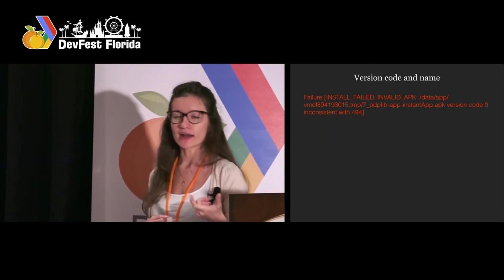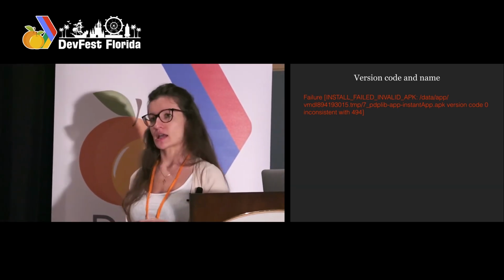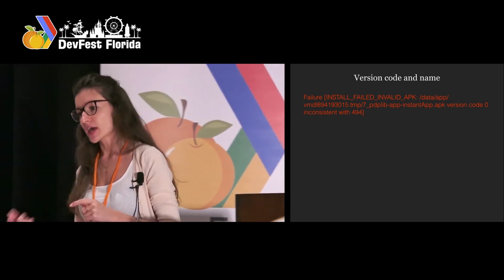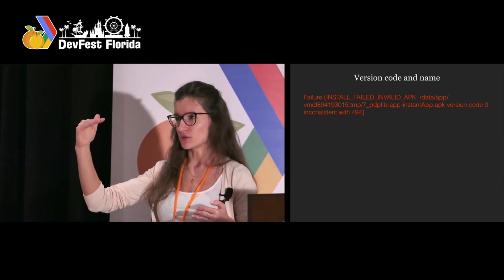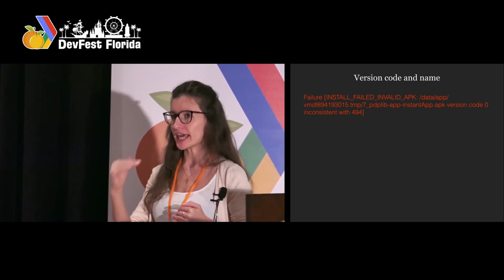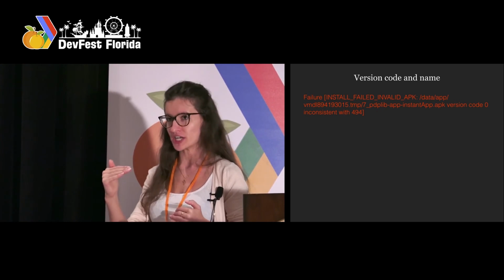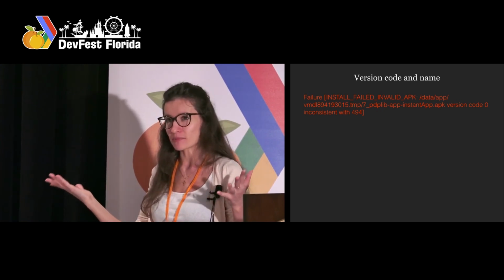If we look closer at the error, it tells us that the PDP module of Instant App is mentioned. But why is that? The PDP module is our feature module. It depends on the base module. If it depends on the base module, it should be able to pull the version code and version name from the base module, right? Makes sense. This is what we've seen from the diagram before.